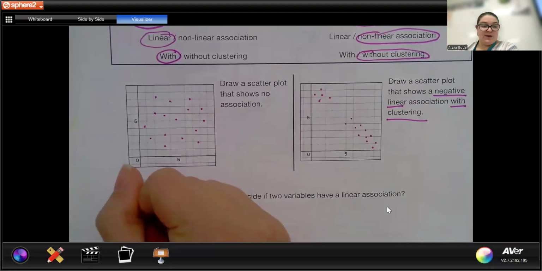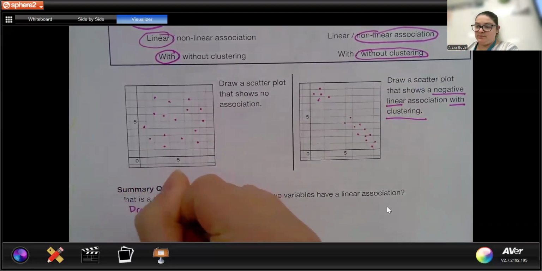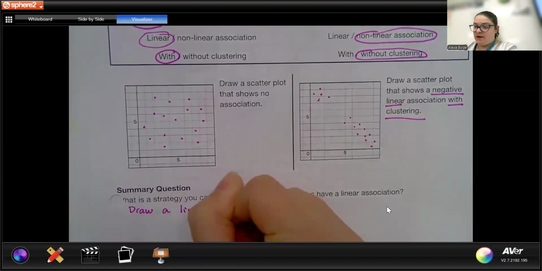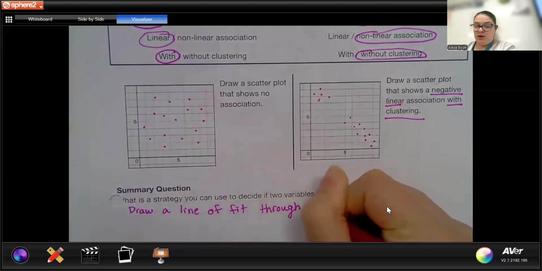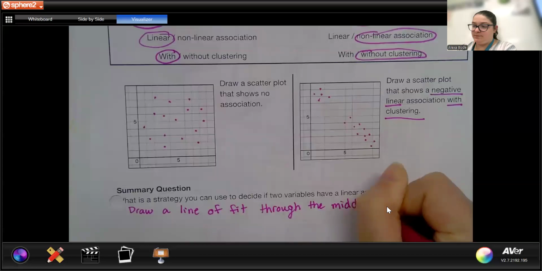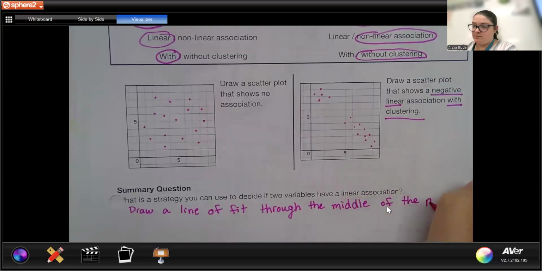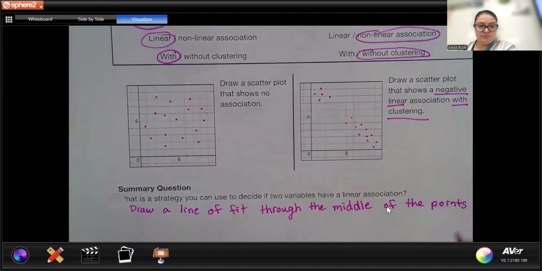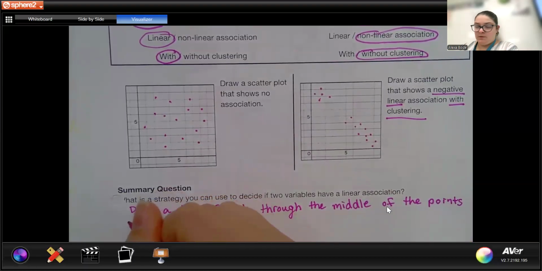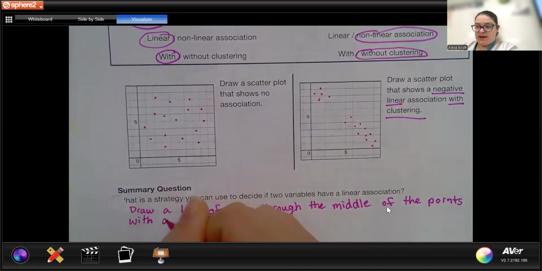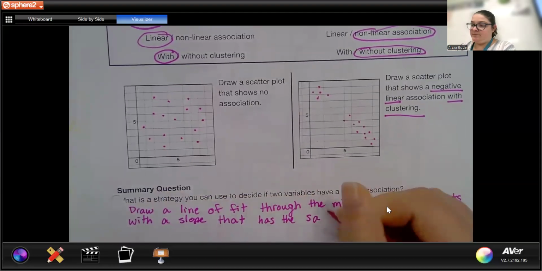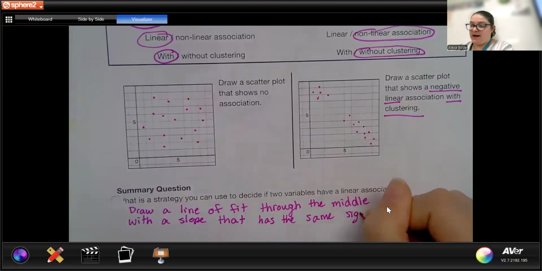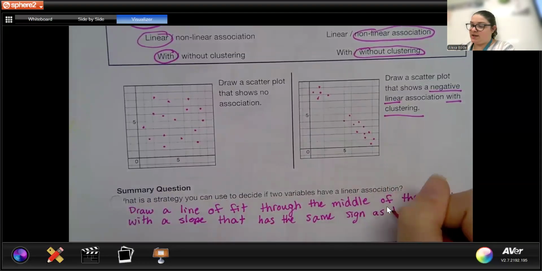So one way that we can do this is draw a line of fit through the middle of the points with a slope that has the same sign, meaning positive or negative sign, as the association.